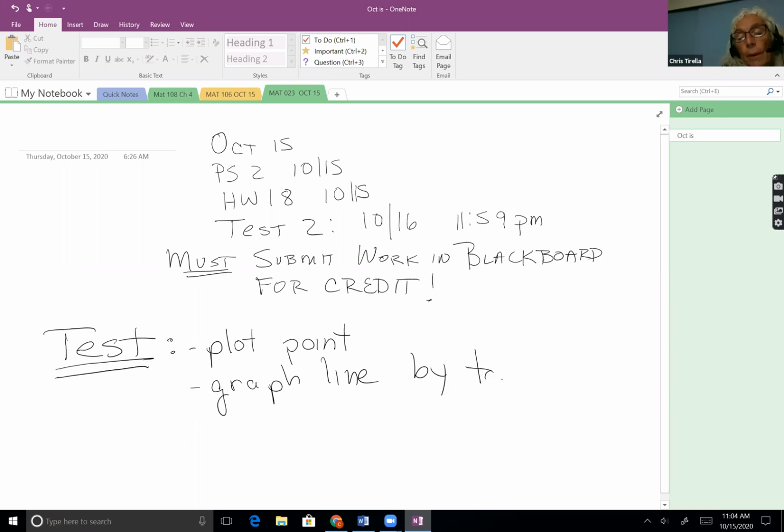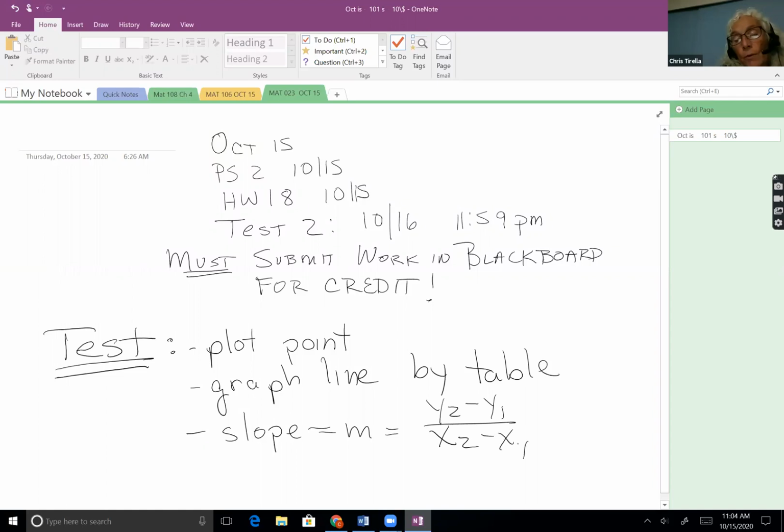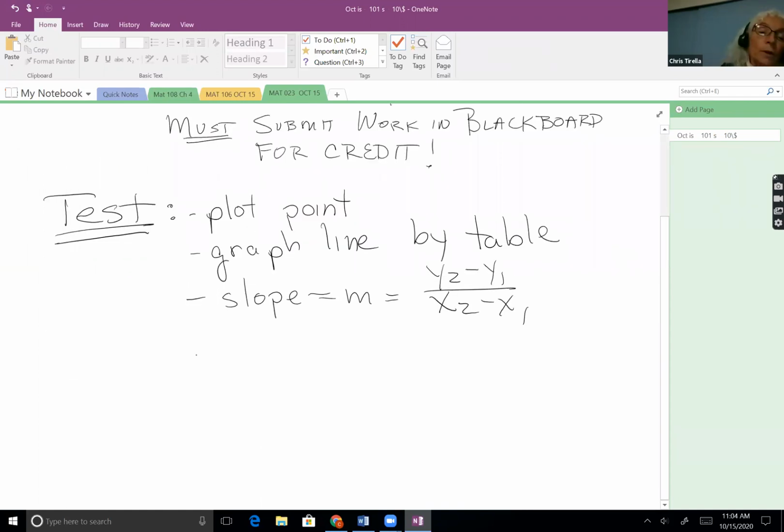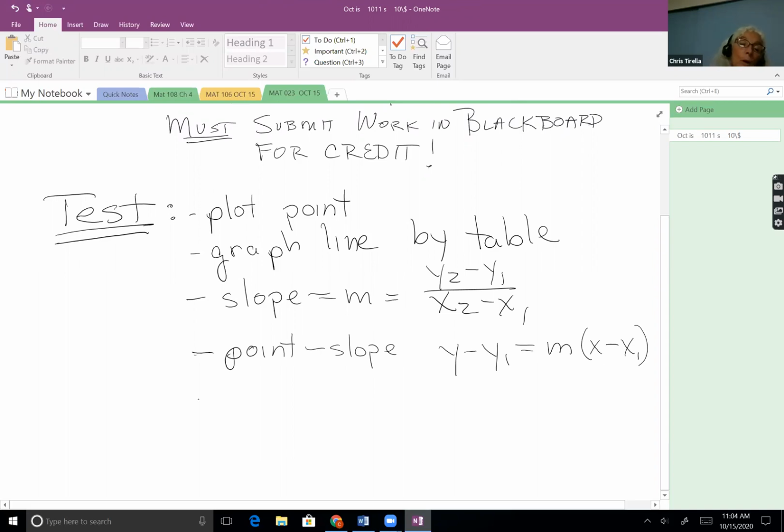And making a table, you need to know the formula for the slope, which again is usually a lowercase m, and it's the rise over the run, or the difference in the y's over the difference in the x's. You need to be able to use the point slope formula to find the equation of a line. And so you need to know that. That's y minus the y value is equal to the slope times x minus the x value.